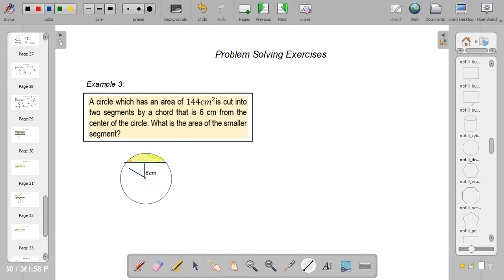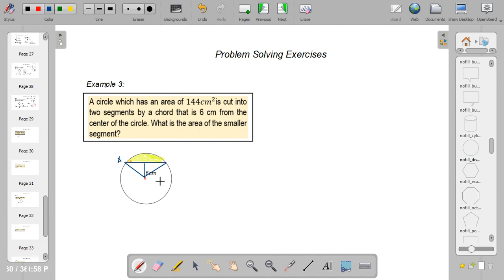And of course, we can get something out of this drawing, since this is the radius of the circle. Okay, now the radius of the circle is not known, but the area of the circle is known. So let's put a name on this point.